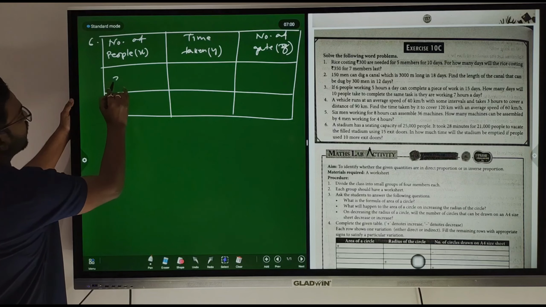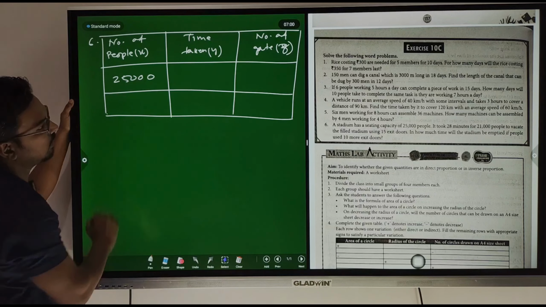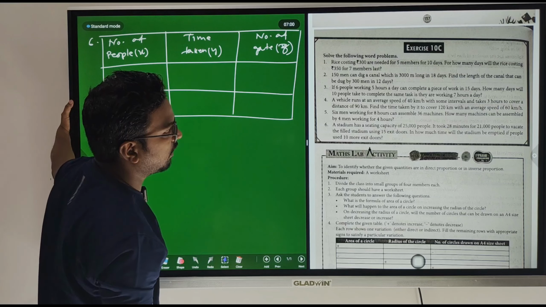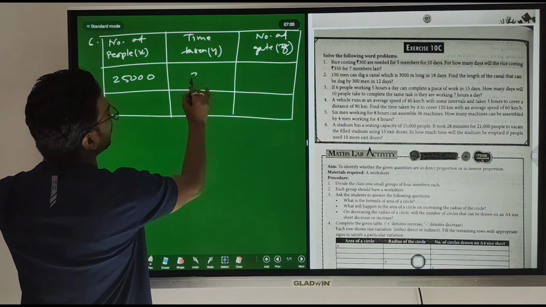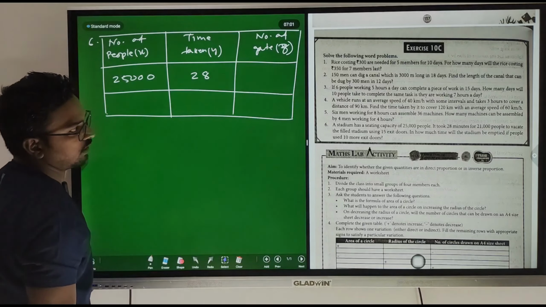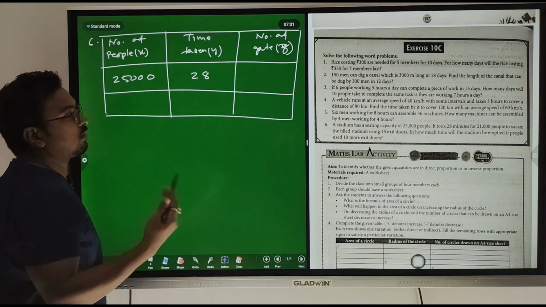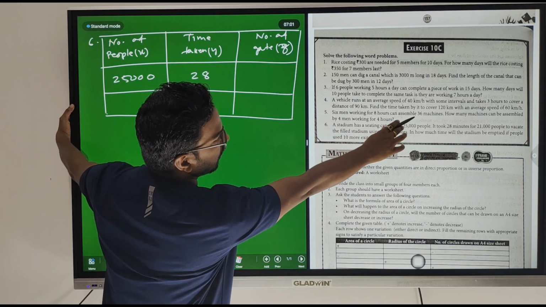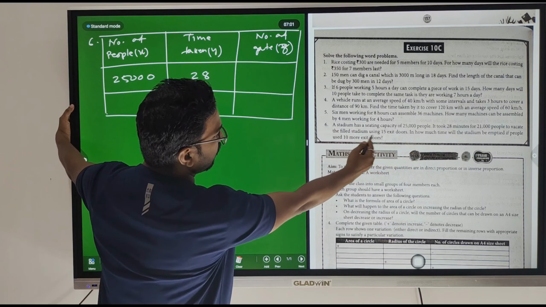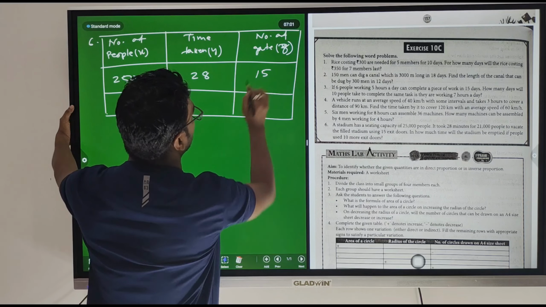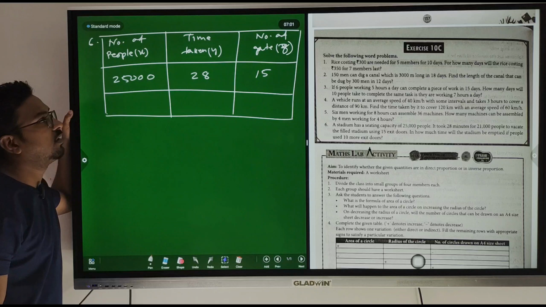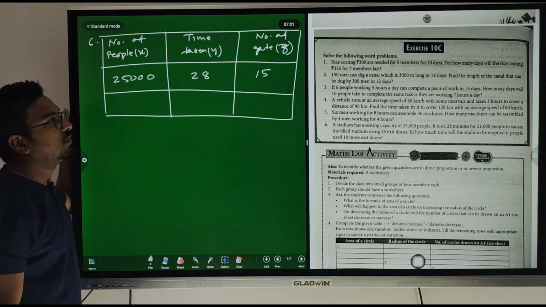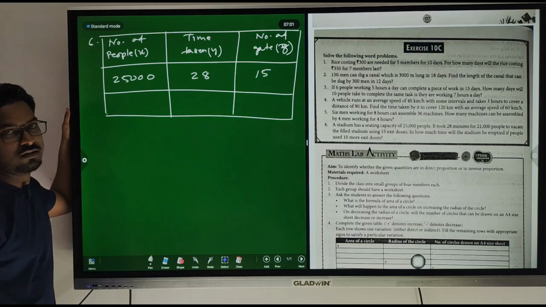See, number of people, there are 25,000. And it takes how many minutes? 28 minutes to come out. Okay. So more men, more time it will take to come out from the gate. And how many gates are there? 15 exits. So 15 doors are there. Okay. I've written gate instead of door. So number of gates, or you can write door.